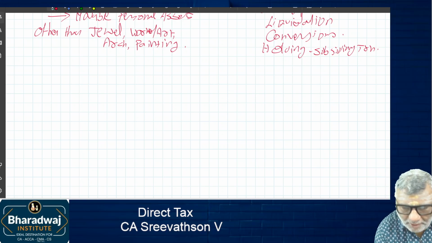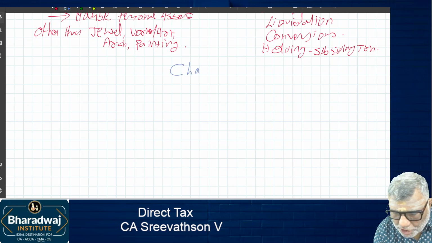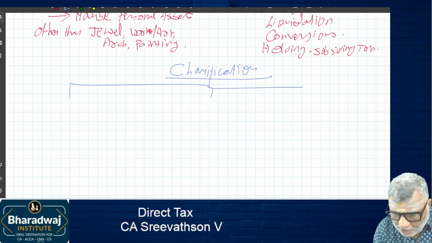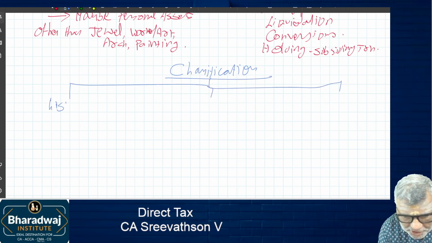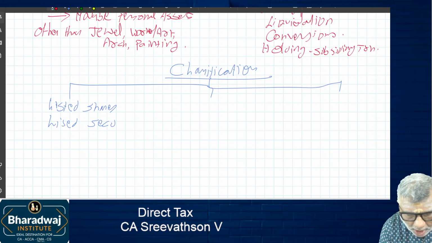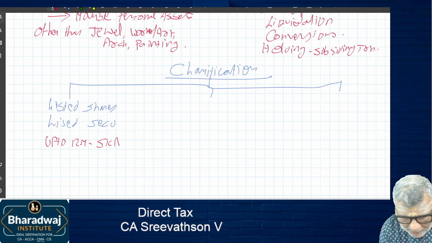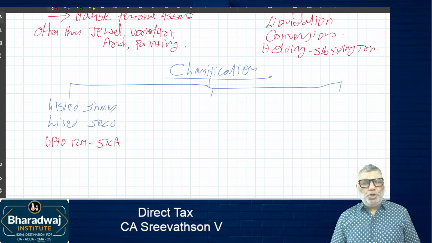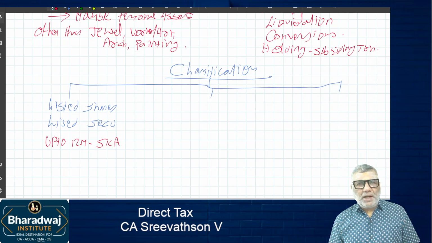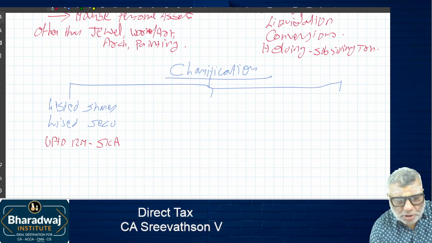So when I look into classification, basically I divide it into listed shares, listed securities: up to 12 months is a short-term capital asset. More than that, long-term.